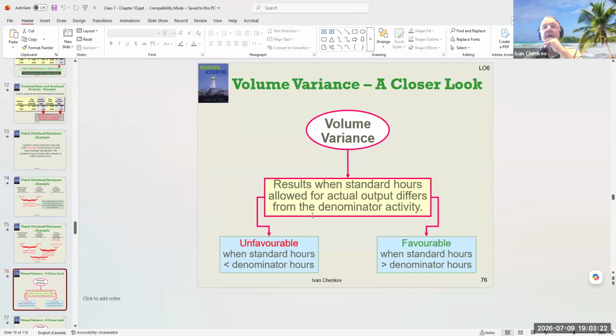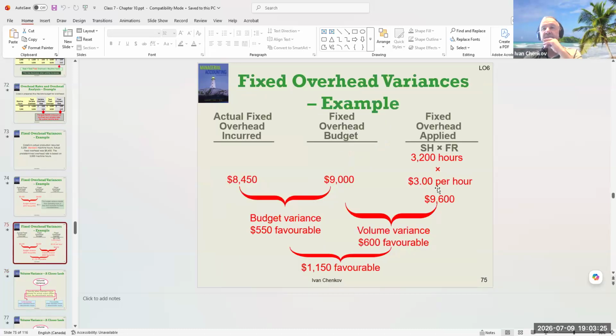What that means in this formula is that as long as the fixed overhead budget includes fewer hours than our standards, we are always going to have a favorable variance. The only way to have an unfavorable volume variance is when we use more of the capacity that we have.